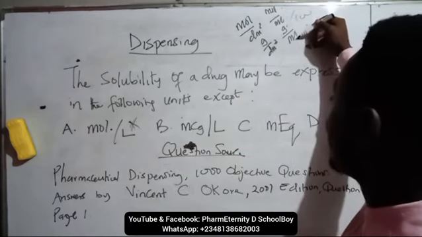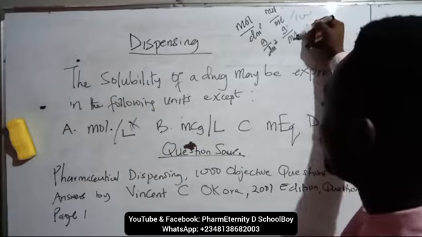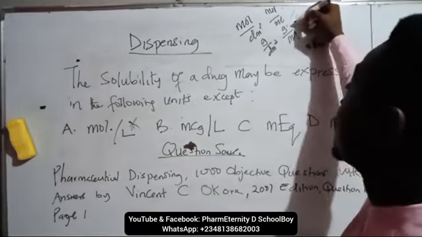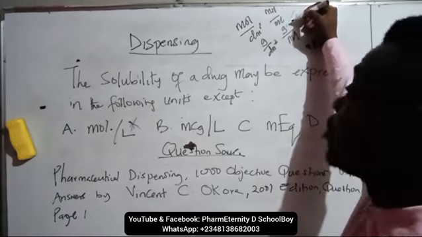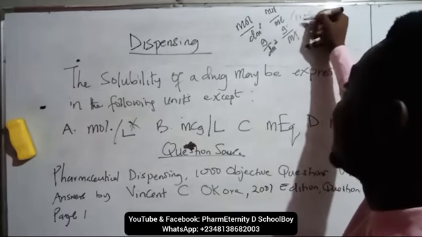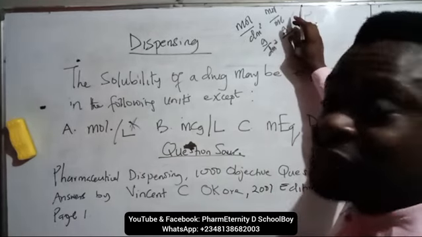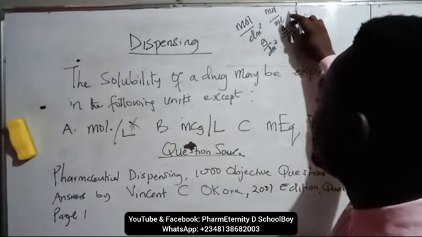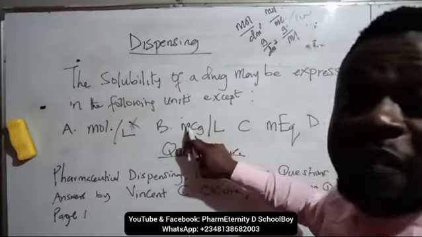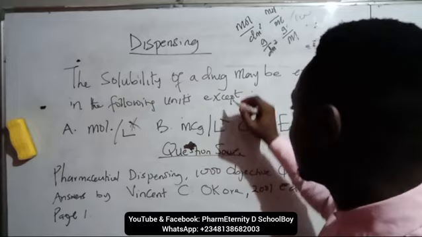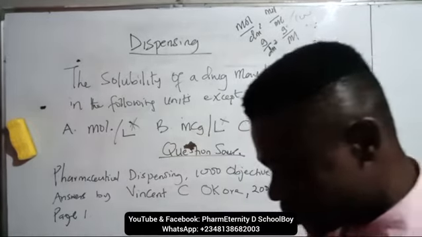Then ml can be converted to liter by dividing by 1,000. So you multiply the numerator by 1 million and divide the whole thing by 1,000. By doing so, you are converting gram per ml to microgram per liter. So this is not the answer, because the question says except.